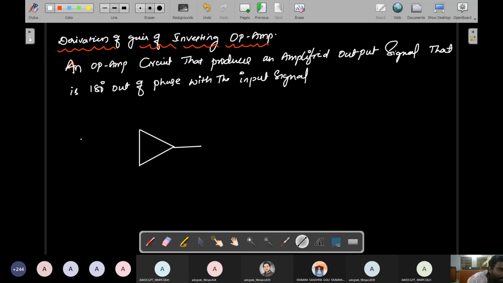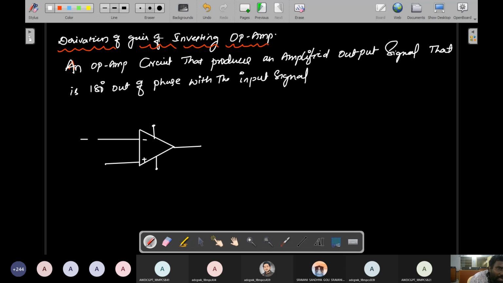This is the inverting terminal, and this is the non-inverting terminal, which is positive. The power supply required to operate this operational amplifier is plus VCC and minus VCC.